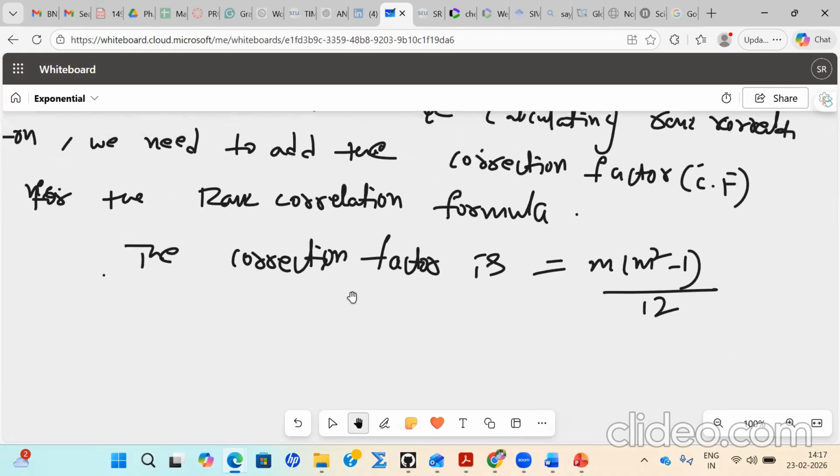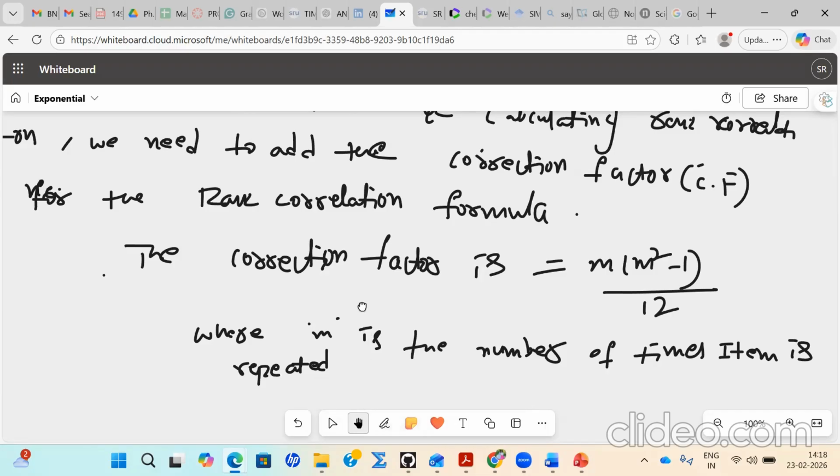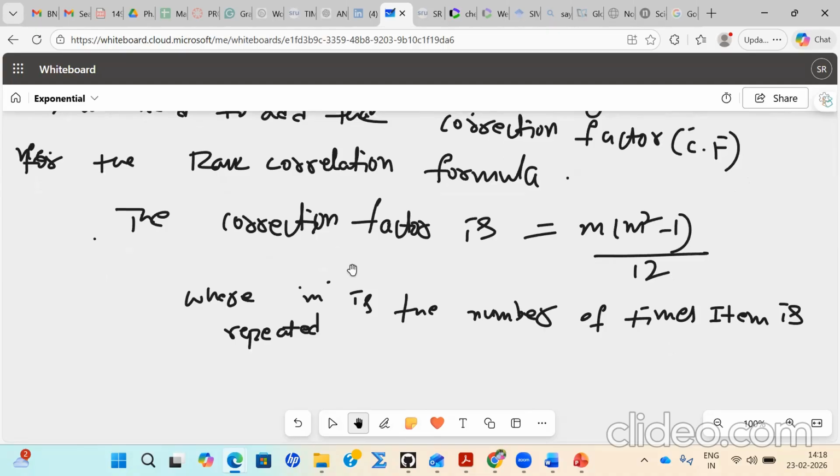Where m is the number of times an item is repeated, either rank or whatever the marks. How many times that is repeated, we need to calculate the correction factor separately, and then we have to add it.